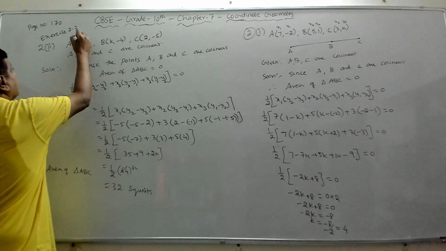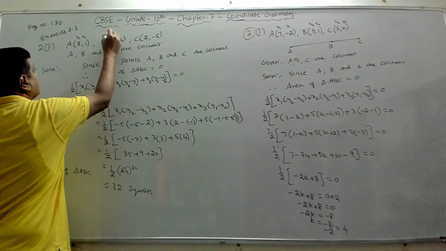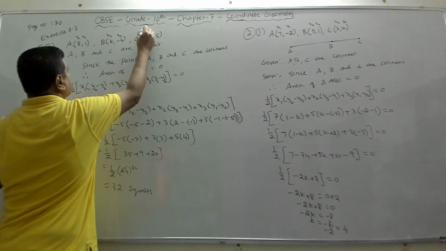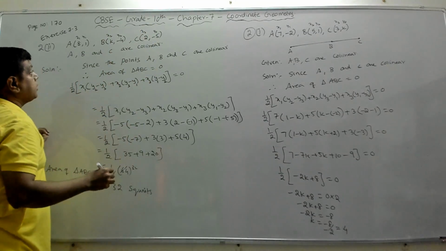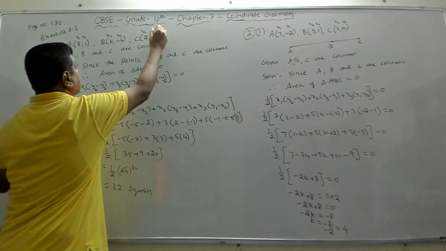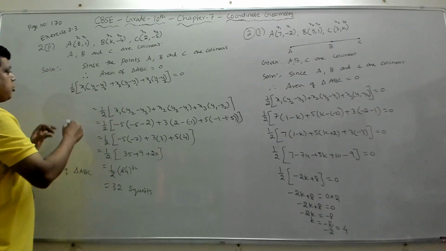So we'll take this as x1 y1, x2 y2, x3 y3. Now let's substitute here. So what do we get?